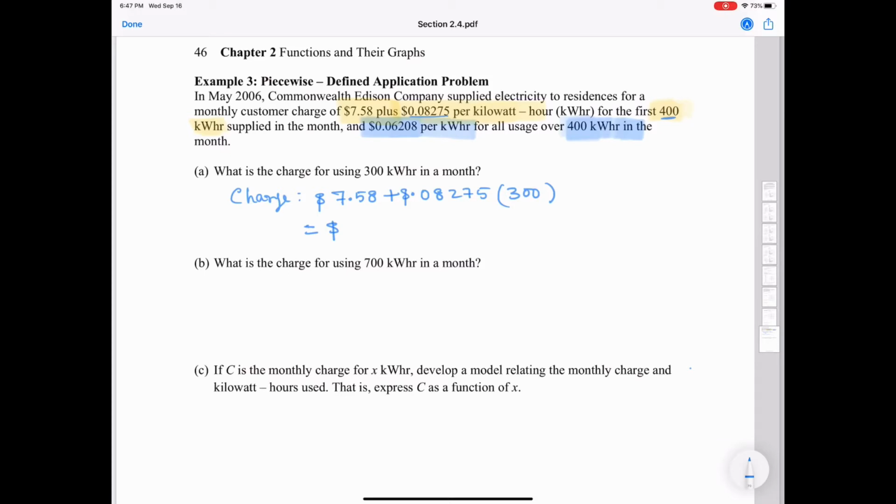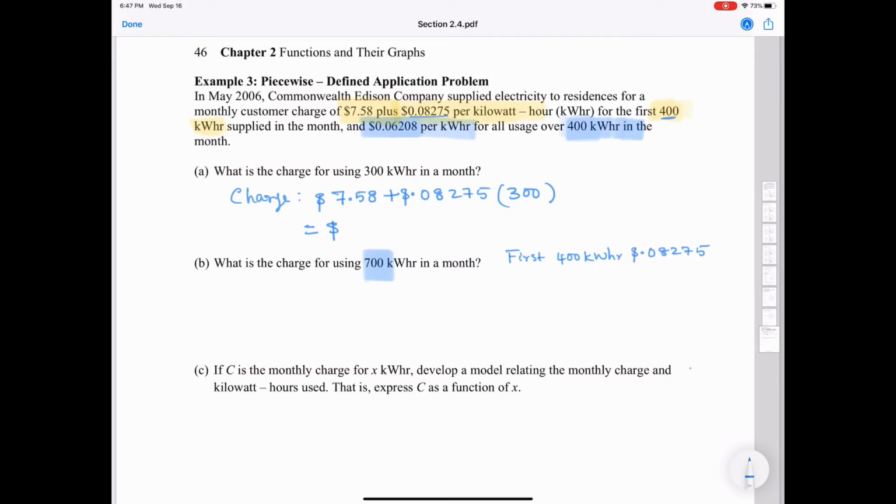Okay, coming to B. What is the charge for 700 kilowatt hours? Now keep in mind, for the first 400 kilowatt hours, they will have to pay 0.08275.